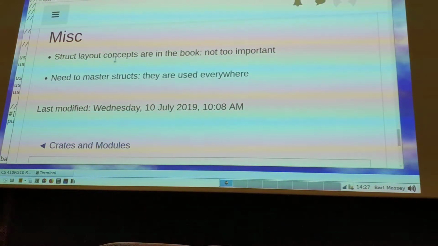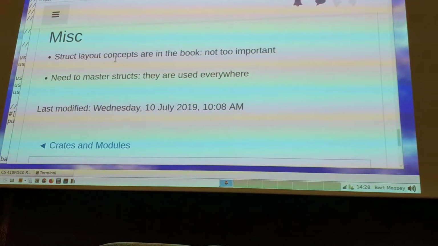If you want to, you can say repr packed or repr C as compiler attributes, meaning respectively lay it out like it was a C struct and lay it out with all the fields jammed together in order as close as you can get them. If you're doing device drivers or something like that, use those; for the rest of you, you probably just won't.